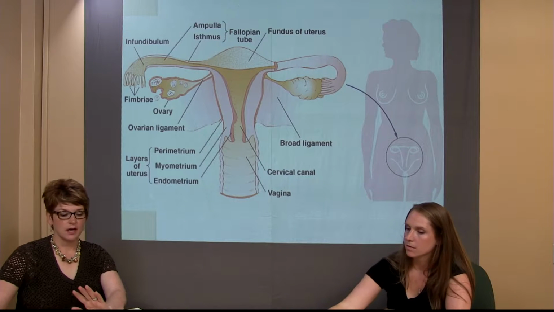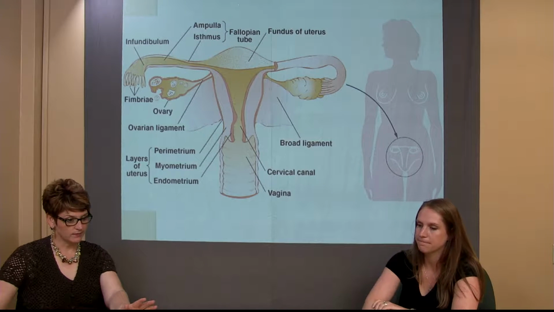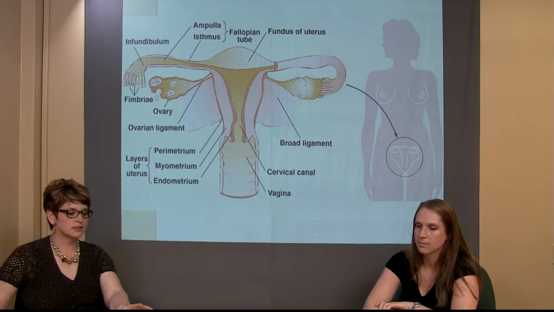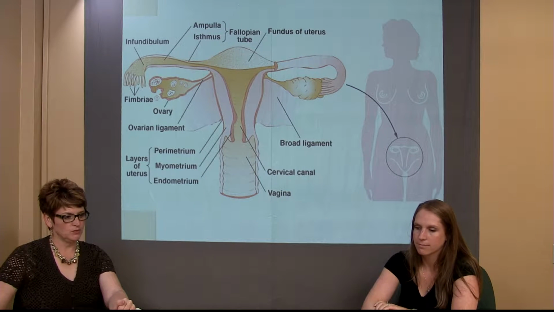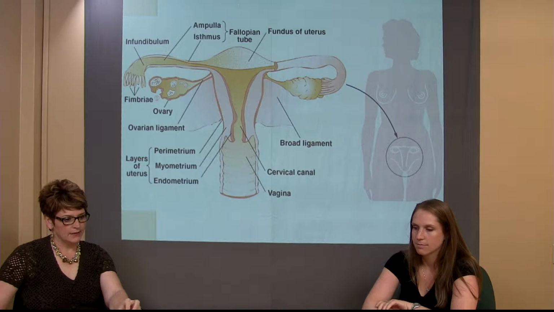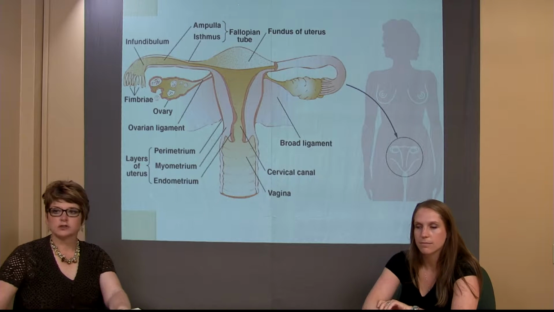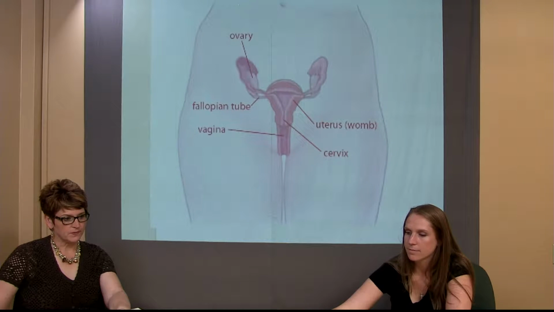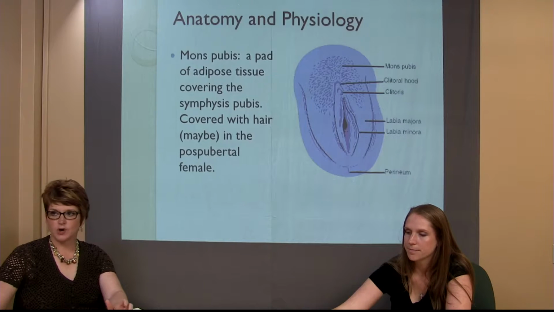And then here is an AP cross section so that you can sort of get an appreciation for the uterus and the ovaries and the fallopian tubes and the broad ligament and the cervical canal and the vaginal vault. One more picture, and then we'll sort of break it down part by part.